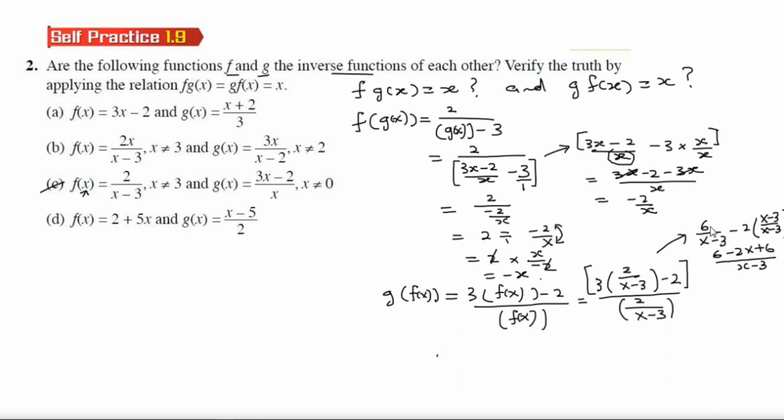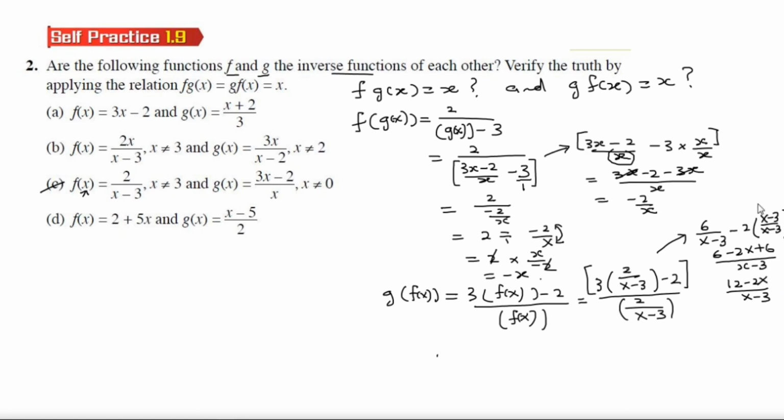Okay, let's double check. 6, negative 2 times x, negative 2x, negative 2 times negative 3 is 6. So we have 12, 6 plus 6, 12 minus 2x over x minus 3.